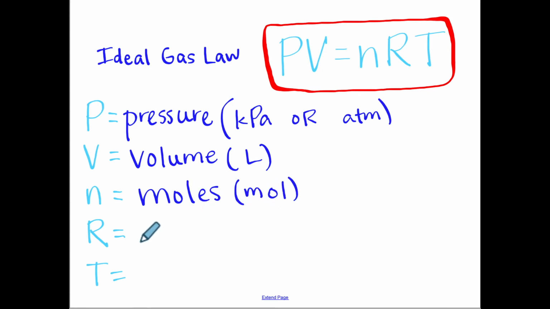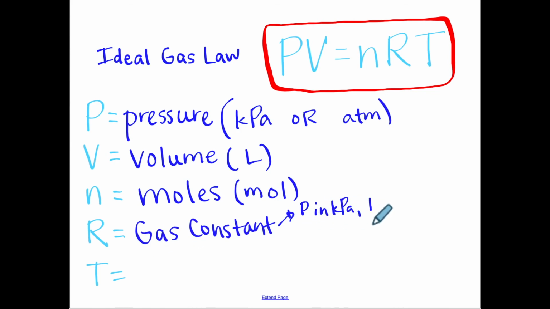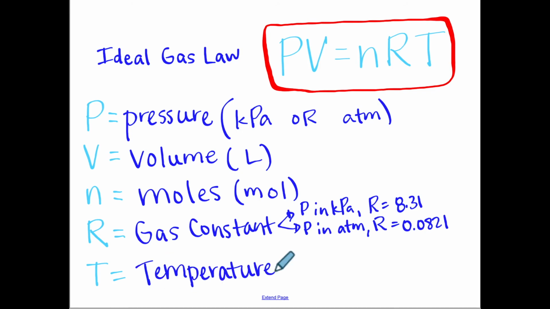R stands for something called the gas constant. If your pressure is in kilopascals, R equals 8.31. If your pressure is in atmospheres, R is 0.0821. Each of these is a constant, and you use the one that matches up with the units that you have for your pressure. And then T stands for the temperature, which has to be in Kelvin.